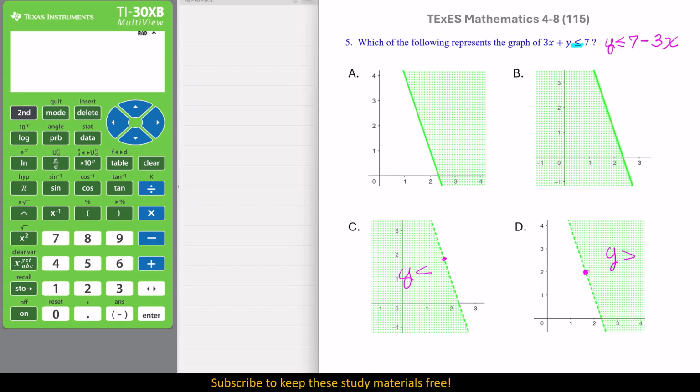I need a situation where all of the values are less than the expression. All my y values are less than or equal to. So B is the only situation where my y's are all, see all the dots? They're all below the line. So it's the only one that satisfies. If you look at A, everything is above the line. So it does not satisfy.